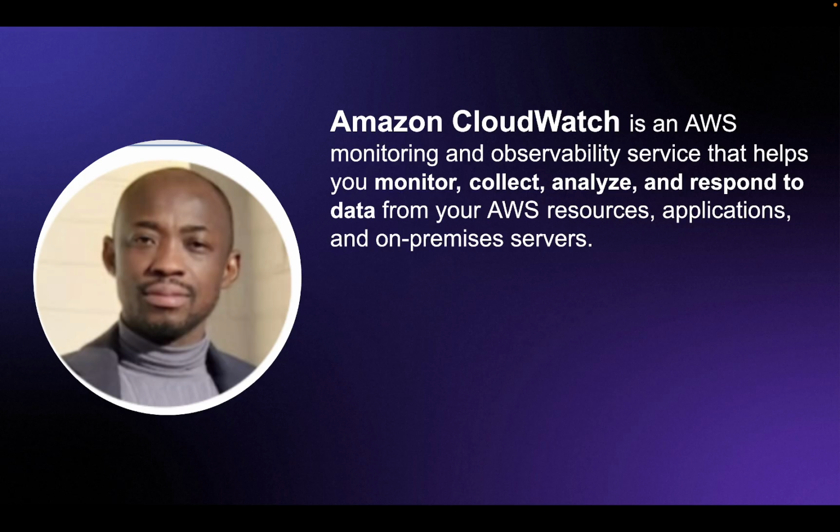In simple terms, this is like, I would say, your CCTV camera in your house. Something like your Ring, you have your CCTV camera. What it's doing is monitoring. By that I mean it's watching around the inside and outside of your house. It's collecting data, it's storing it somewhere, okay? And then you can use this data to analyze and also respond to whatever you've seen in the video.